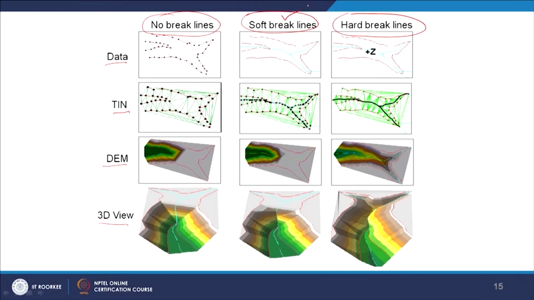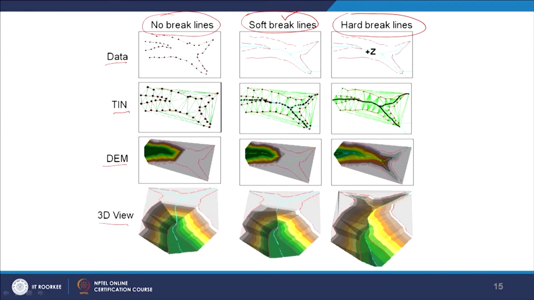Similarly, on the surface as well as in subsurface conditions, prior knowledge is very much required. Break lines can even be a stream. If I am working on surface runoff modeling or other things, then a stream will play a very important role, and a stream can become a soft break line as well as a hard break line.